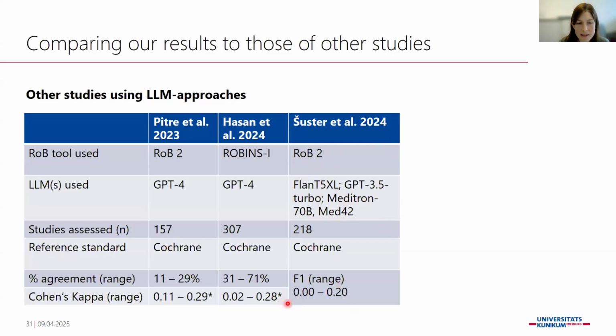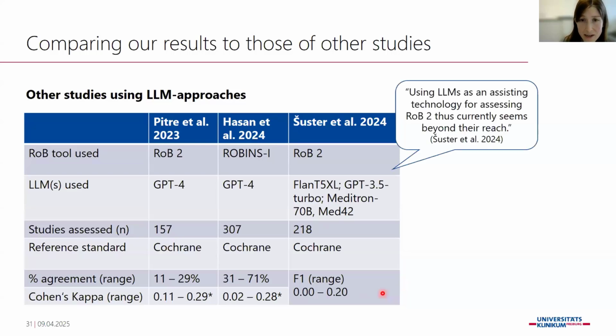And unfortunately, they did not provide percentage agreement and kappa, but they provided F1 values. But as you can see, this is also not so good. These values are also quite low. And here is one sentence of their conclusion: using LLMs as an assisting technology for assessing ROB2 thus currently seems beyond their reach. So also not so optimistic.